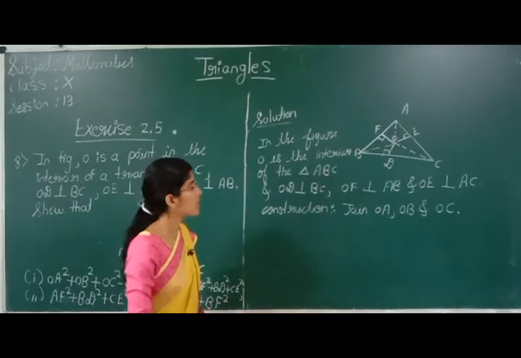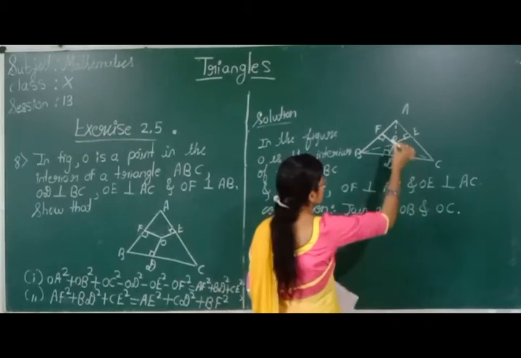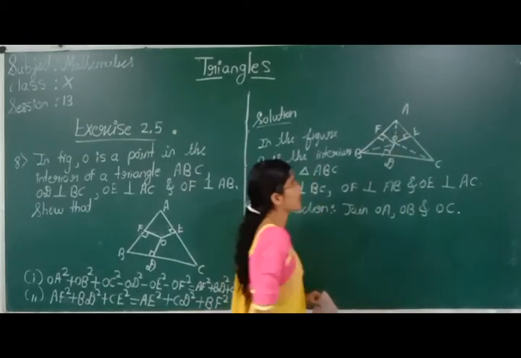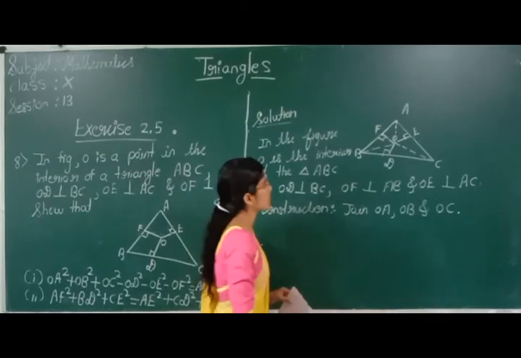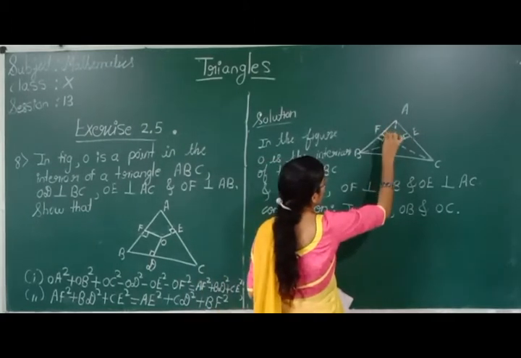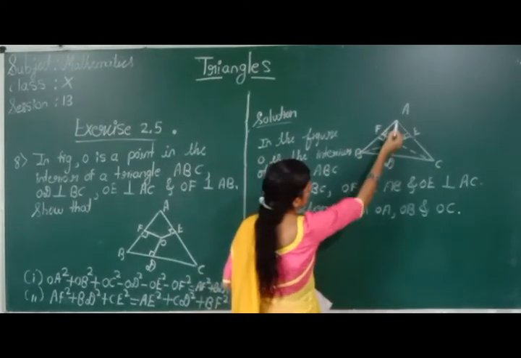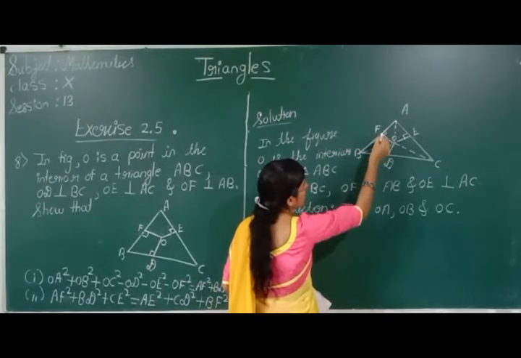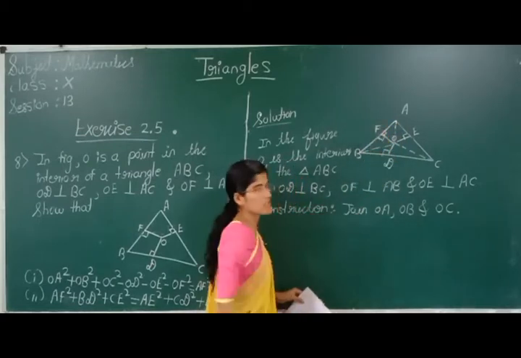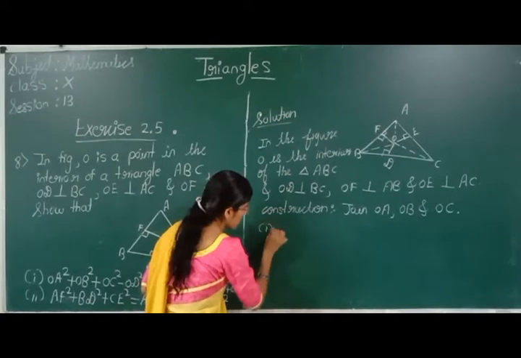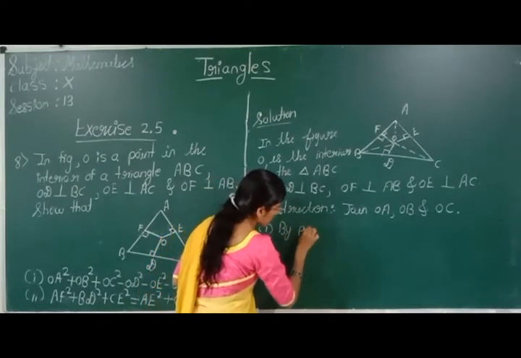Okay. Now see here, OF is perpendicular to AB. Here F will form an angle of which degree? 90 degree. Yes. Now in triangle AOF we are going to apply the Pythagoras theorem.